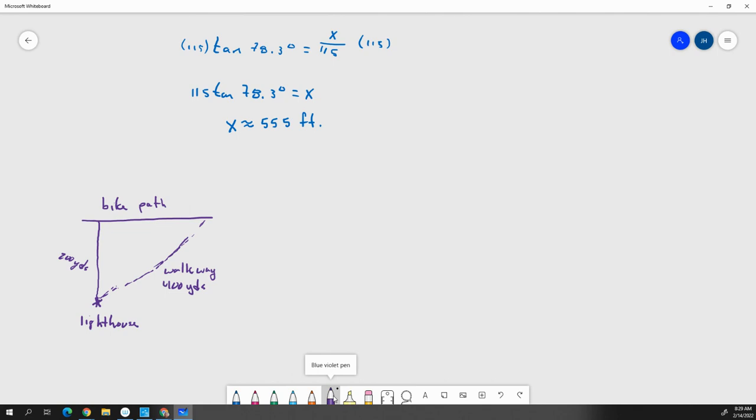They want us to find the angle between the bike path and the walkway. Find angle between bike path and walkway.